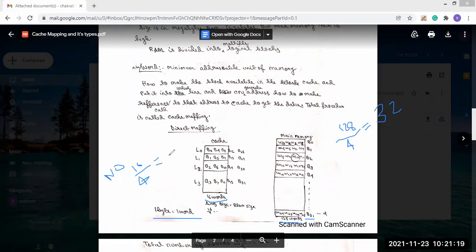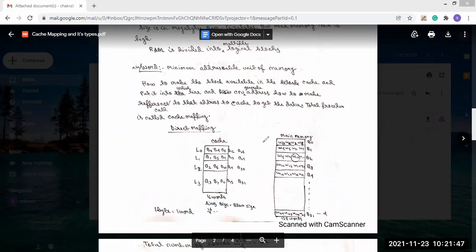That's why 4 lines are present: L0, L1, L2, L3. Same as we divided the memory into blocks, here in the cache we have divided the cache into lines. So from L0 to L3, these 4 lines are present in the cache.